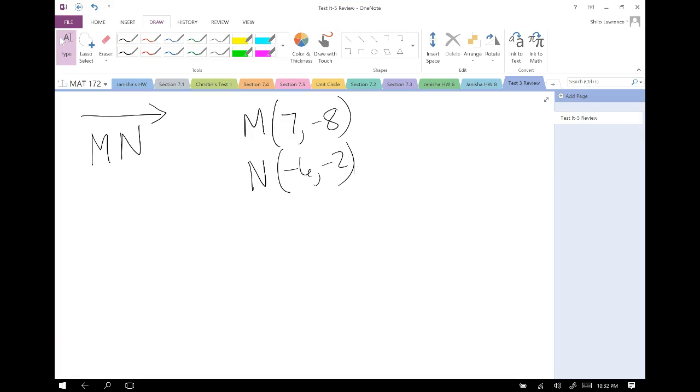So component form for a vector is the 2 sides of the triangle. It's how horizontally we get from m to n and how vertically we get from m to n. So I'm going to show you this on a graph. So 7, negative 8 is down in quadrant 4, and then negative 6, negative 2 is in quadrant 3. So I need to make sure I've got plenty of space down here.